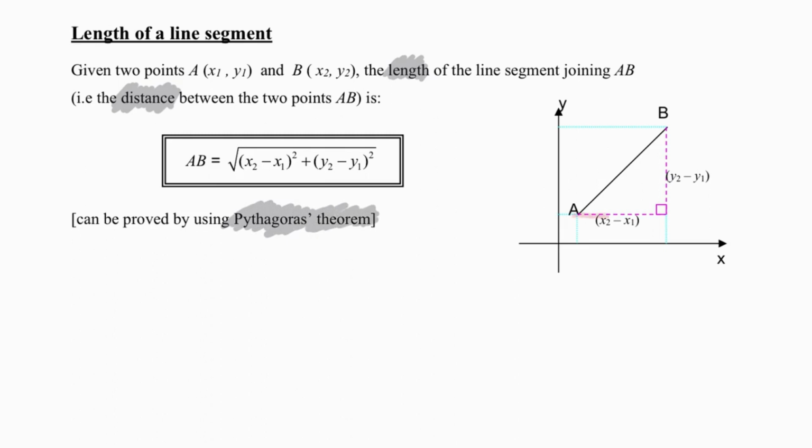So I am going to show that this red color line here is indeed x2 minus x1, because my point A will be x1, y1, point B is x2, y2, meaning that if I were to draw a dotted line down here, the distance all the way to this point, this black color distance, will be x2.